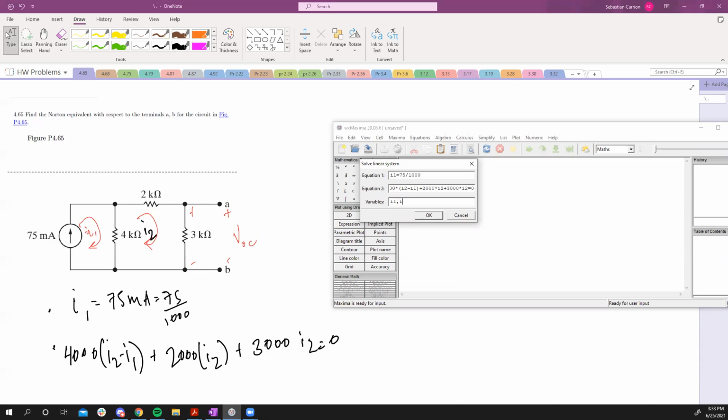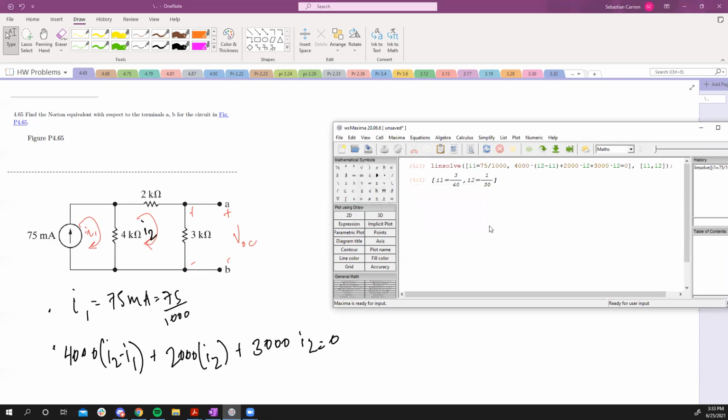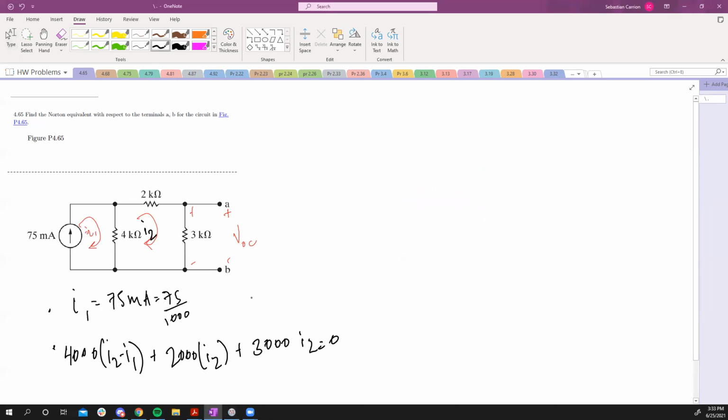We want I1 and I2. So just to confirm, I1 is 0.075 amps, and I2 is 1 over 30. Maxima says I2 is equal to 1 over 30.